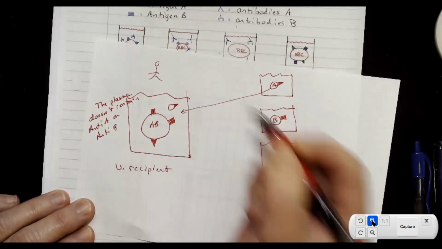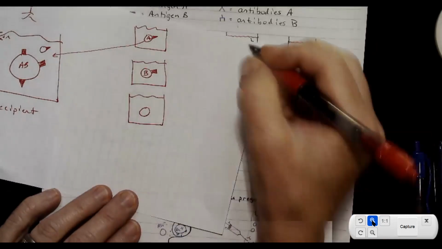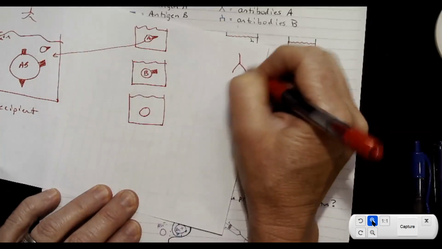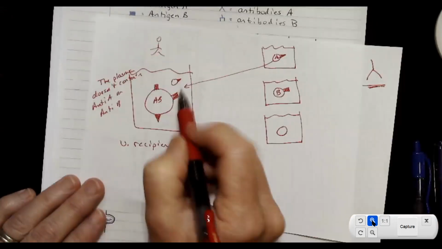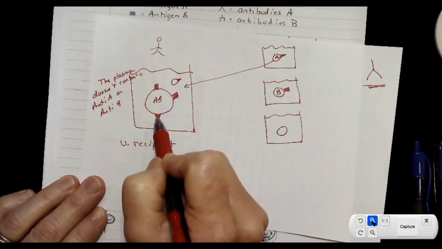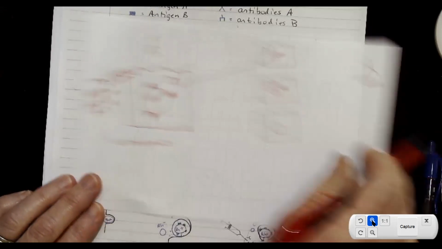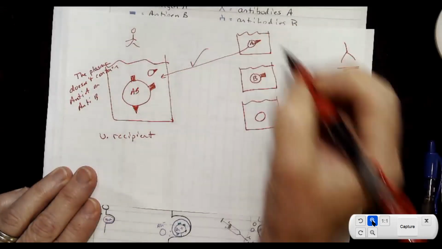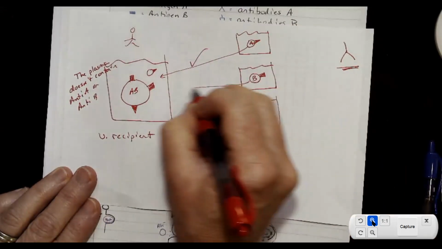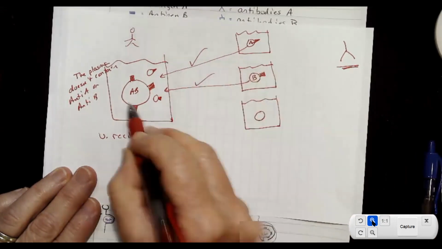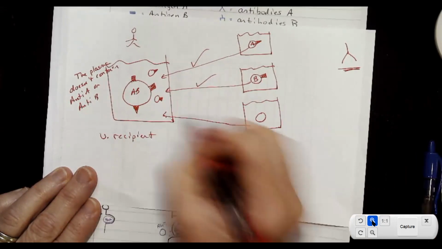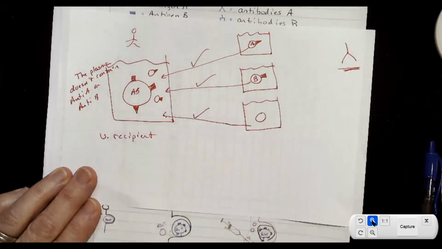There's a spike. There's not any anti-A antibodies to clump on here, because if there were, it would clump to its own blood, and that would be bad. So yes, these red blood cells can come over. Can this come over? Yes. Therefore AB can receive blood from all types.